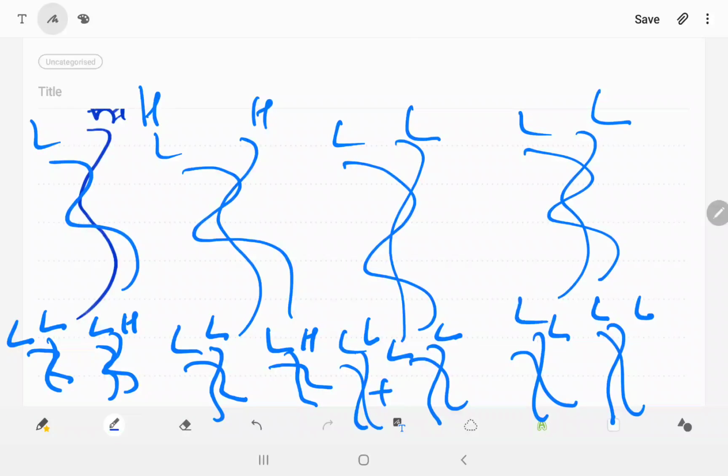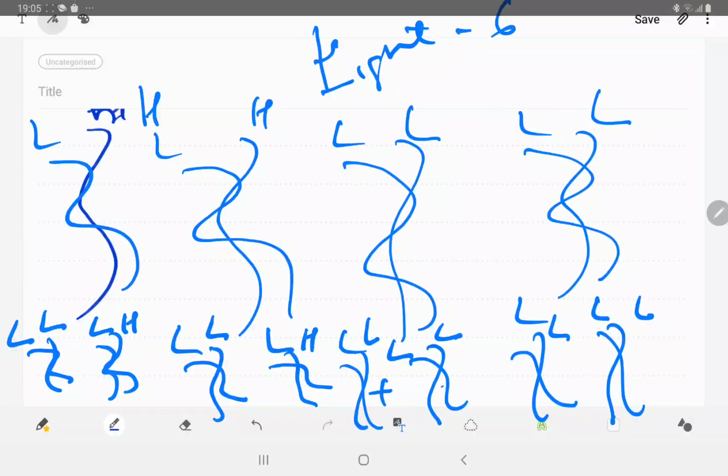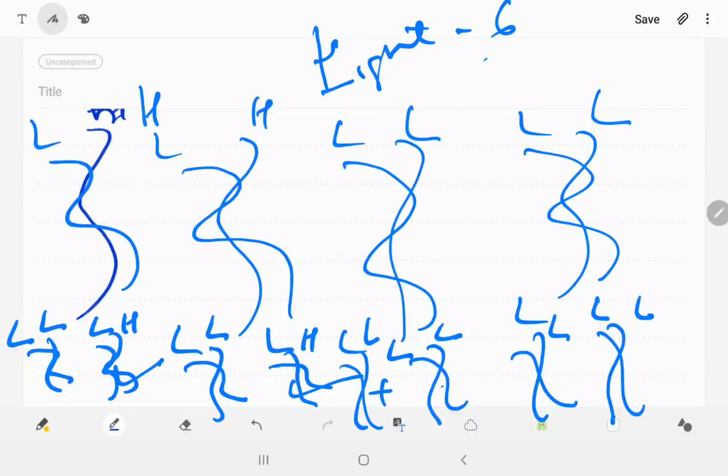Now see, light bands: 1, 2, 3, 4, 5, 6. How many light bands? Six. How many LH? 1, 2. Now the light band is again increasing.